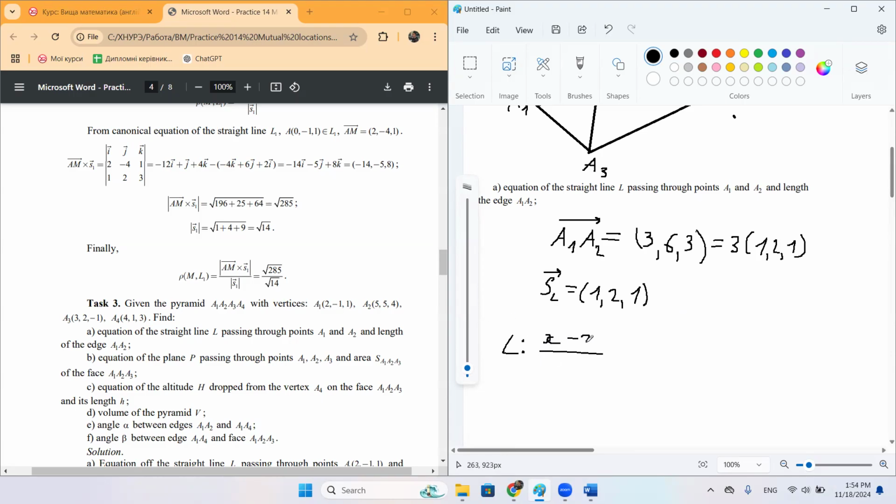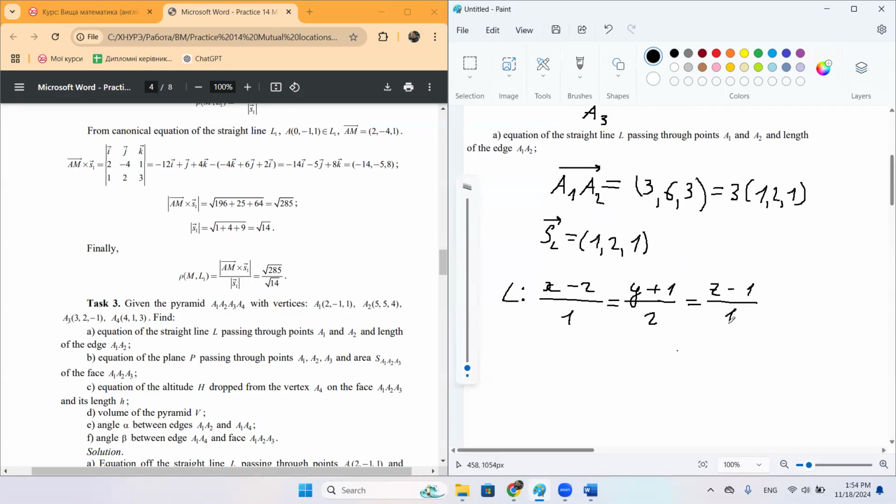So (x minus 2) by 1 equals (y plus 1) by 2 equals (z minus 1) by 1. Okay, and how to find the length of the edge?